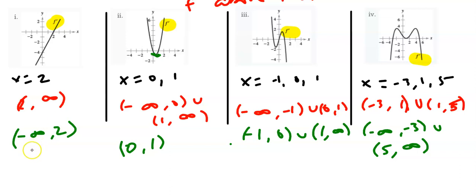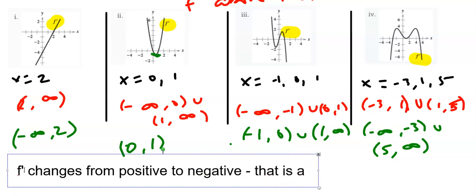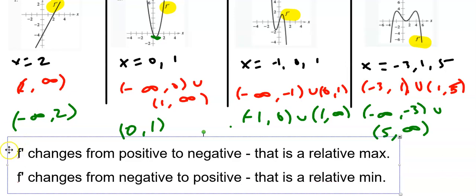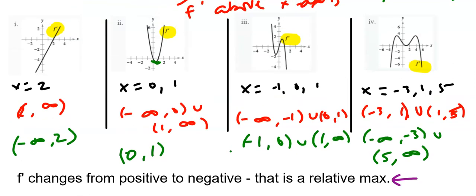Wherever f prime changes from positive to negative, the relative max occurs. On the third graph it's going to be at x equals 3, negative 1, because that's where f prime changes from positive to negative.